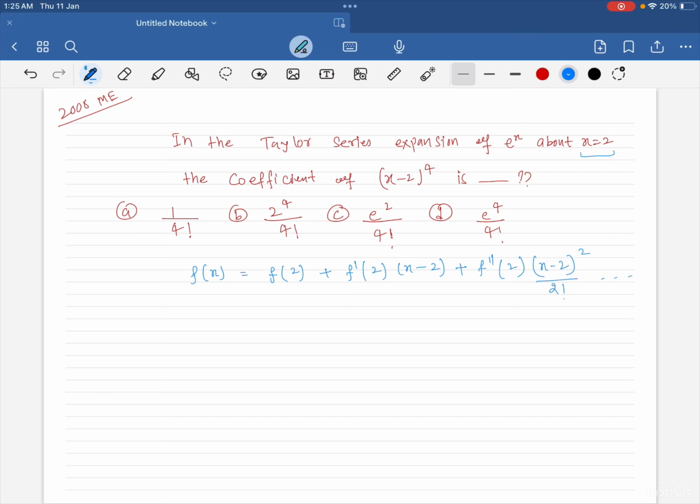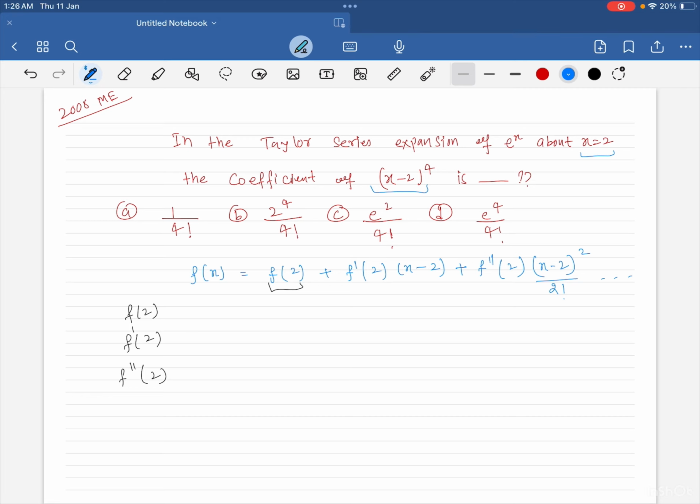and so on, right? So first of all, let's calculate these terms. So f at 2, the first derivative at 2 and the second derivative at 2. Okay, so now we will have to go further because we will have to find the coefficient of this one, right?